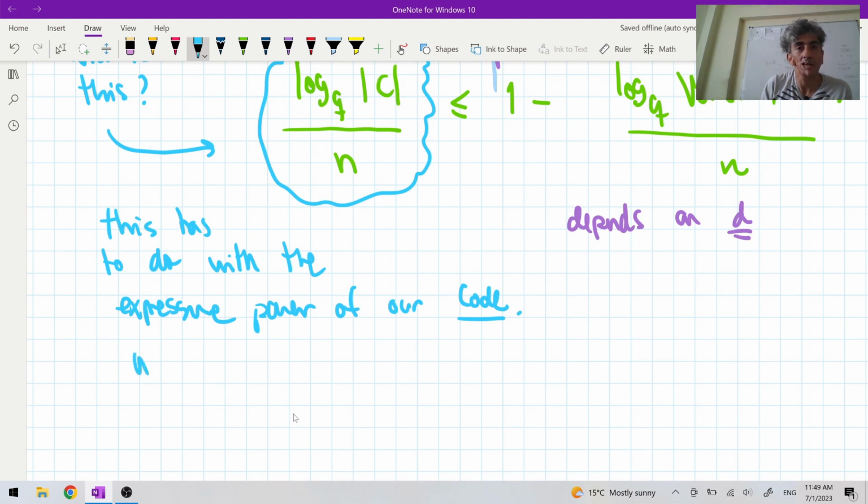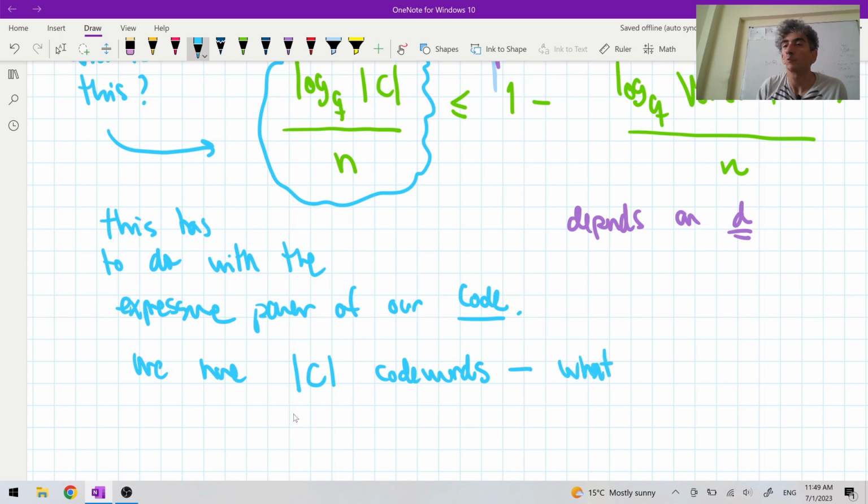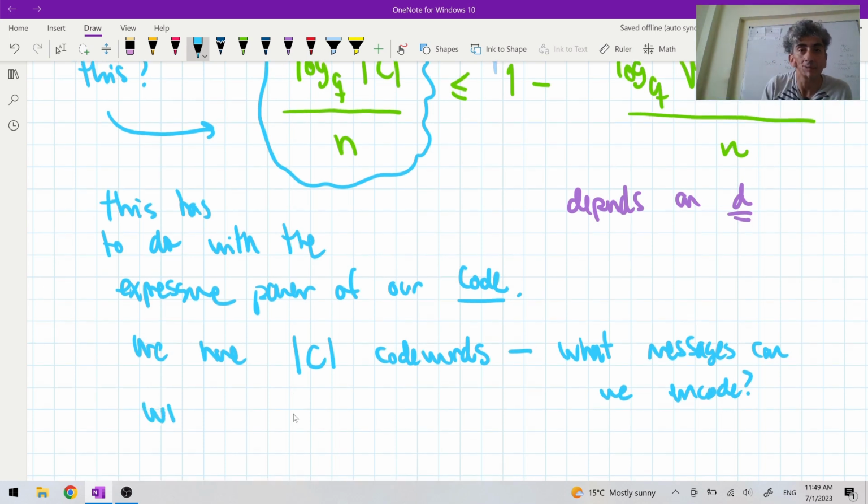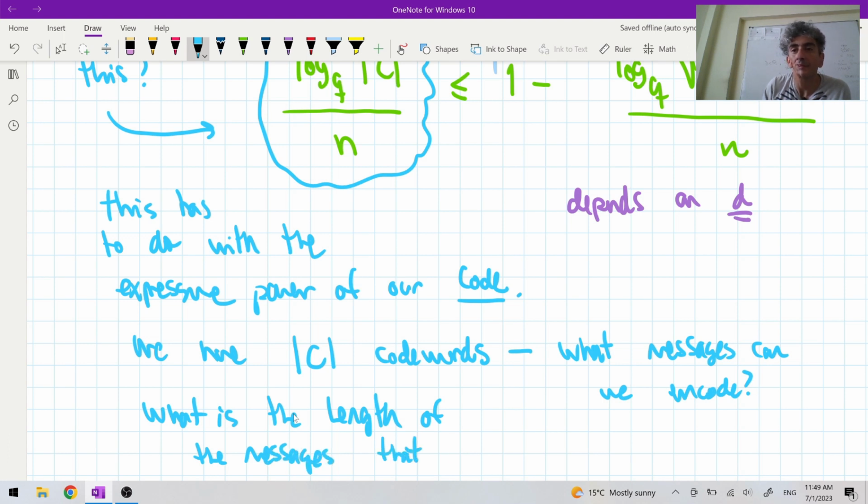We have the number of elements of C, the code words. What messages can we encode? More specifically, what is the length of the messages that C is able to encode?